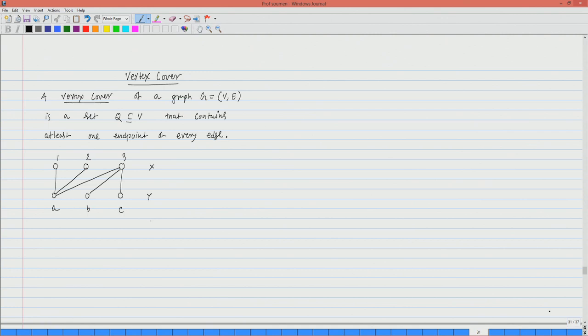Now, a vertex cover is a subset of vertices that contains at least one endpoint of every edge. So, let me just choose these two vertices.